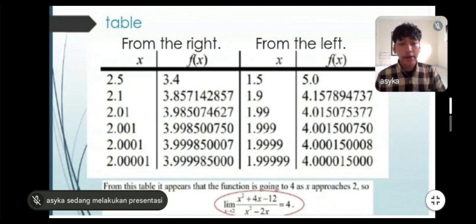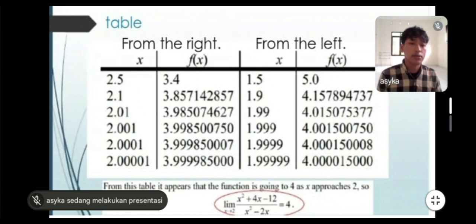And from the left, x equals 1.5, f(x) is 5.0. From this table, it appears that the function is going to 4 as x approaches 2.